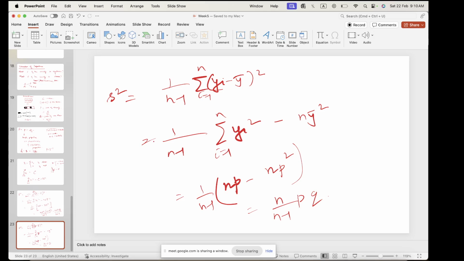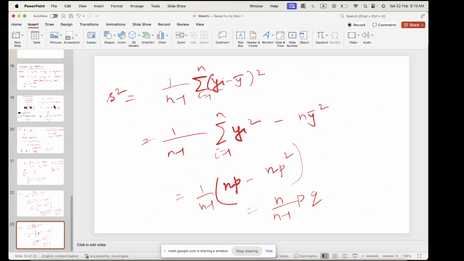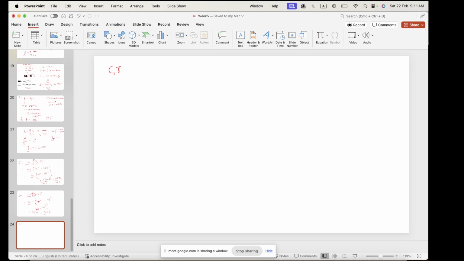Okay, so even for proportions, if I have to find a confidence interval for proportions, then I should have y bar minus, let's say sigma square is known or sigma square is unknown, something like this.